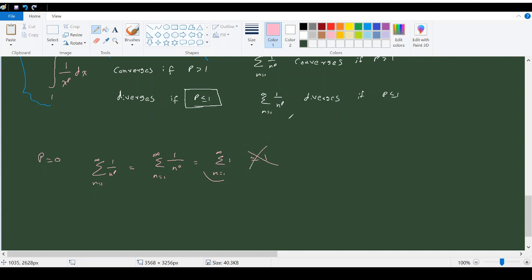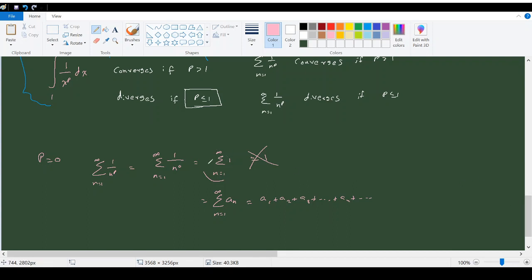The reason is, when you have a series like this, it can be represented like this also, right? If we expand the terms in our series, then it will be something like this, that goes up to n and it goes forever, right?